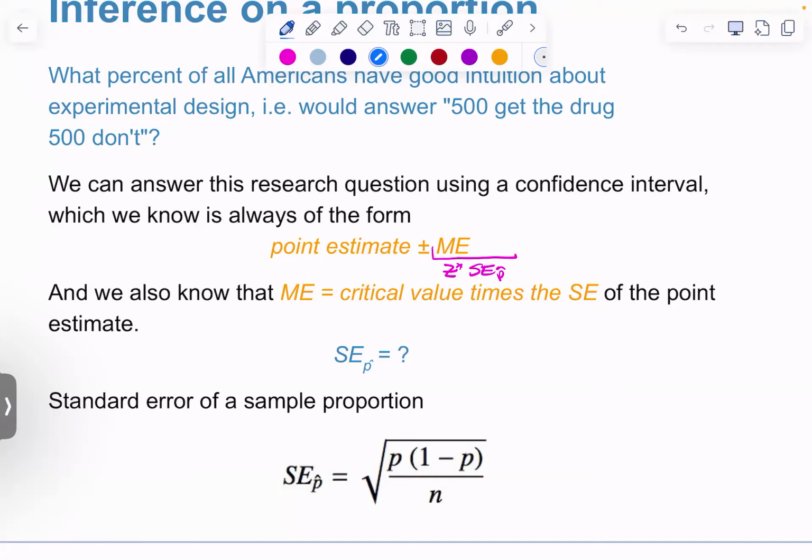Or from our formula sheet, p hat plus or minus z star times the square root of p hat q hat over n. So this whole chunk is our margin of error, ME.